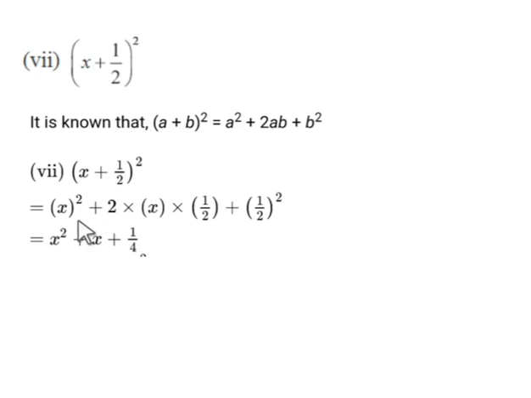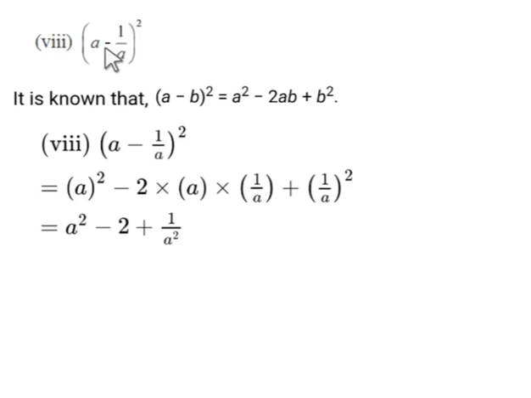So here you will get (x plus 1 upon 2) whole square equal to x square plus 2 into x into 1 upon 2 plus (1 upon 2) whole square. Now here x square will be the first term, 2 will get cancelled in the middle term, so only x is left, plus (1 upon 2) whole square is 1 square upon 2 square, that is 1 upon 4. So the expansion is x square plus x plus 1 upon 4.